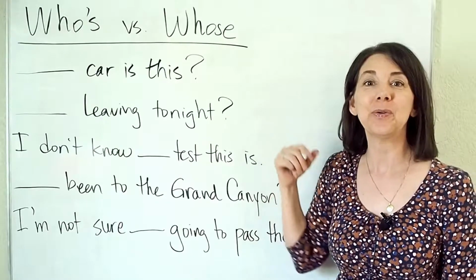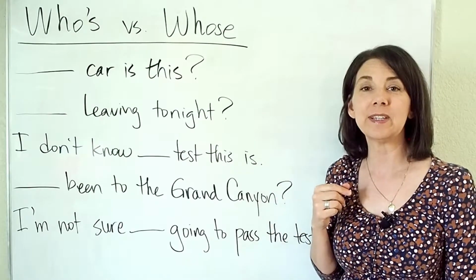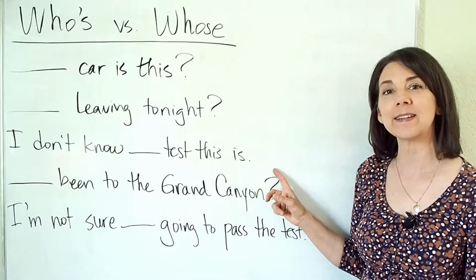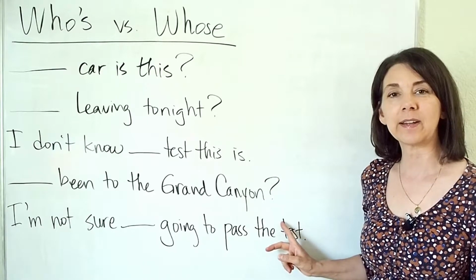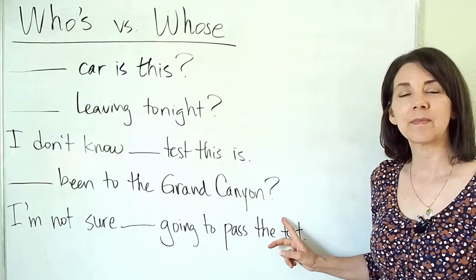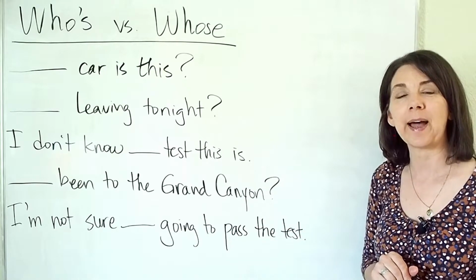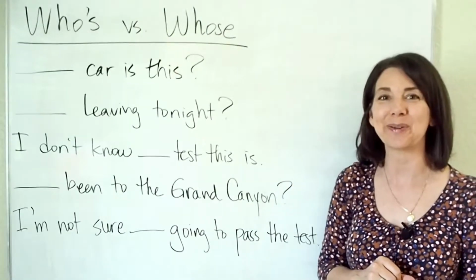The first one, whose car is this? Second, who's leaving tonight? The third one, I don't know whose test this is. Who's been to the Grand Canyon? And finally, I'm not sure who's going to pass the test. So pause the video, think about your answers, and come back and check with me.